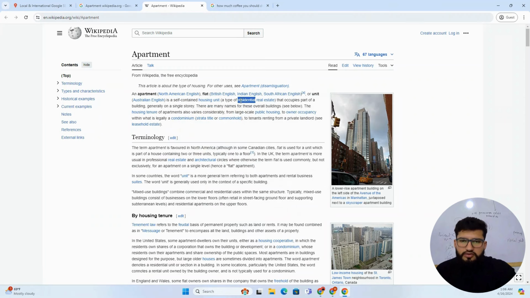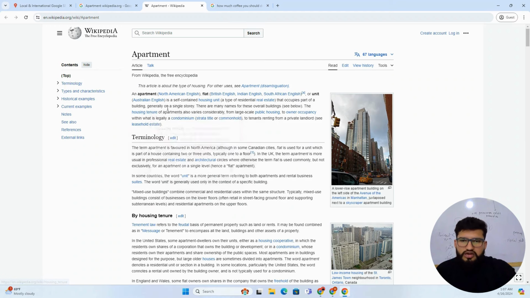Residential, as in not commercial, that occupies part of a building, and generally on a single story. Okay, makes sense. There are many names for these overall buildings, see below.